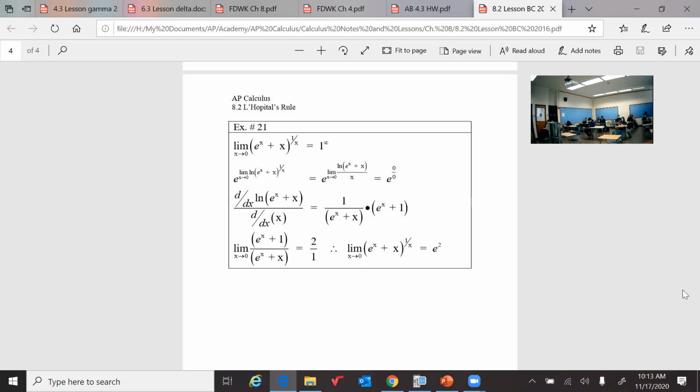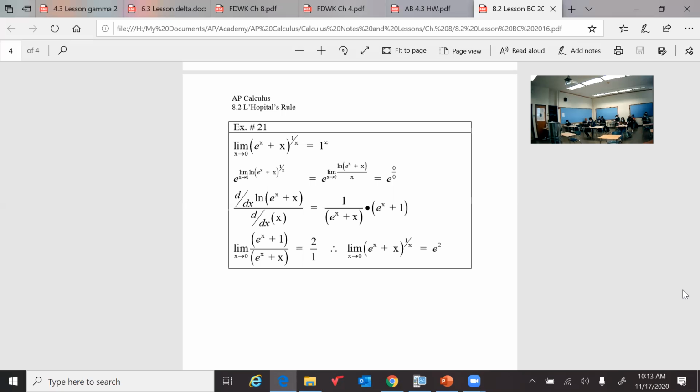The natural log of u is 1 over u du. The derivative of u is e to the x plus 1. The derivative of the denominator is a 1. If you put 0 here, you have 1 plus 1 is 2 over 1 plus 0. 2 over 1.